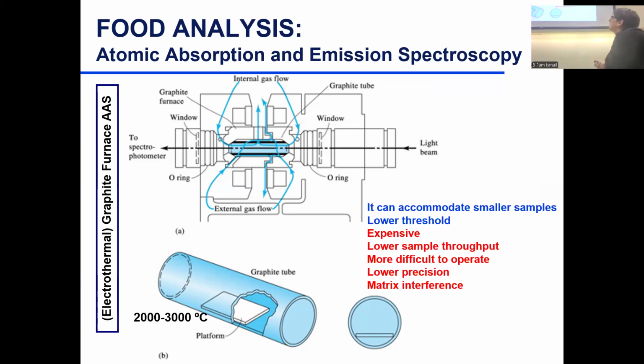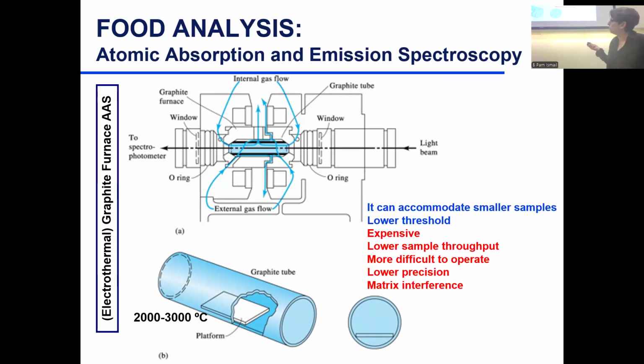Okay. So this is another form of atomic absorption where you really use a graphite tube, so no flame. Instead of this region for flame, you have a tube with a surface that withstands really, really high temperature.